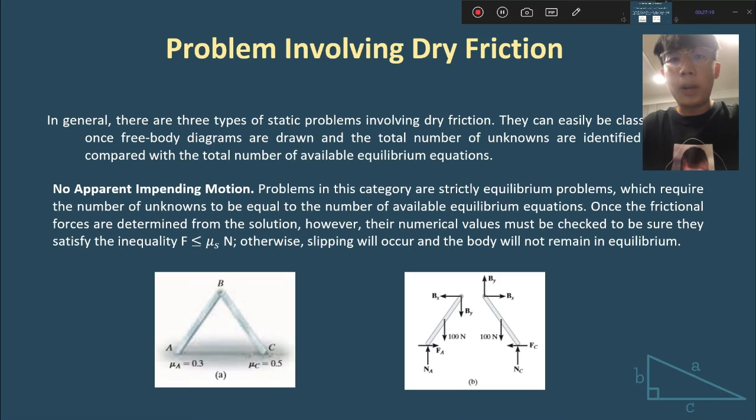The first one is no apparent impending motion. Problems in this category are strictly equilibrium problems, which require the number of unknowns to be equal to the number of equilibrium equations. Once the frictional forces are determined from the solution, their numerical values must be checked to be sure that they satisfy the inequality F is less than or equal to μs N. Otherwise, slipping will occur and the body will not remain in equilibrium.